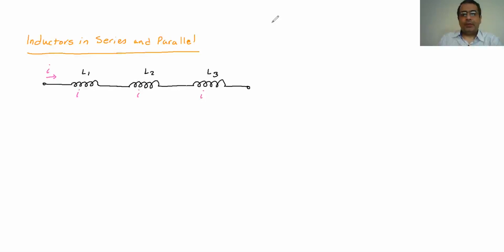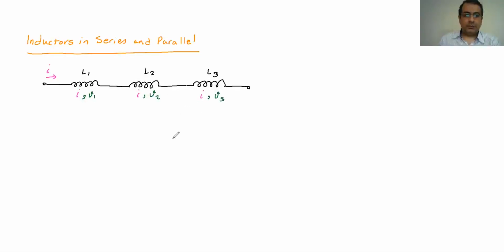And we know that each of them is going to have its own voltage. So this one has the voltage difference V1, this one is going to be V2, and this one is going to be V3.